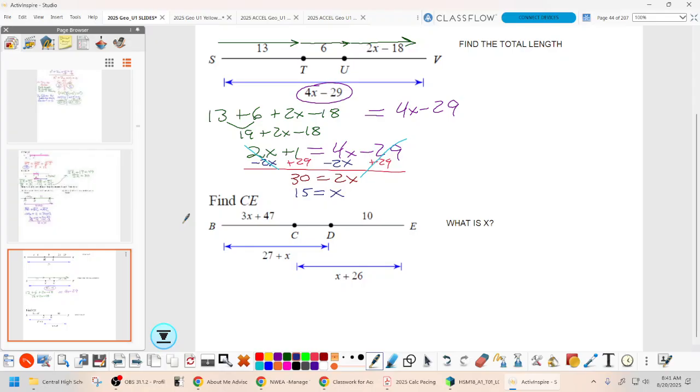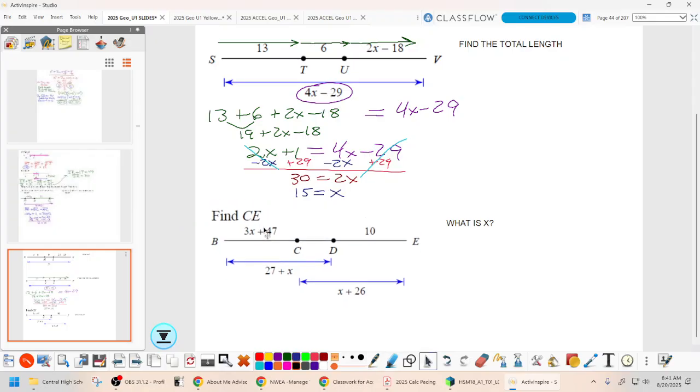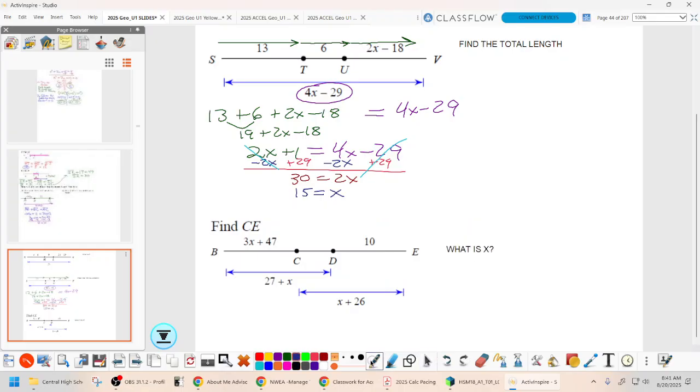Yeah, Parker? Plug 15 into x. Yes. So for total length, I would plug 15 right there for x, and we'll get 60 minus 29, which is 31.